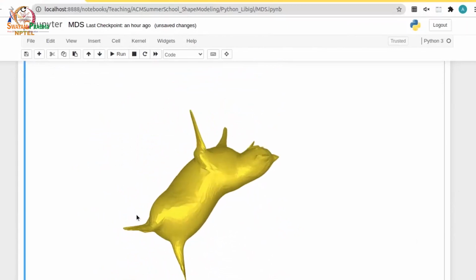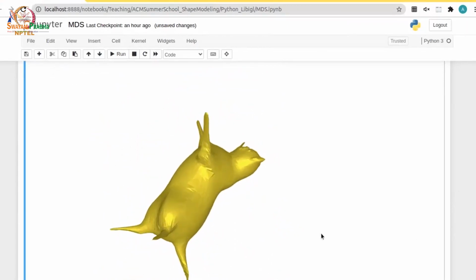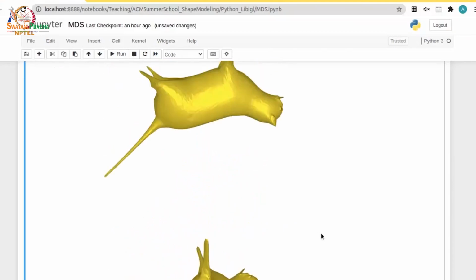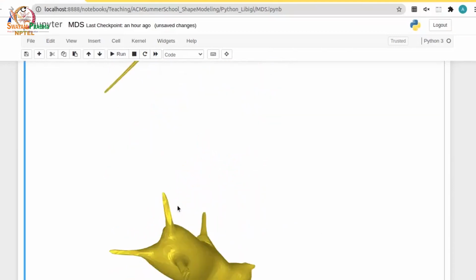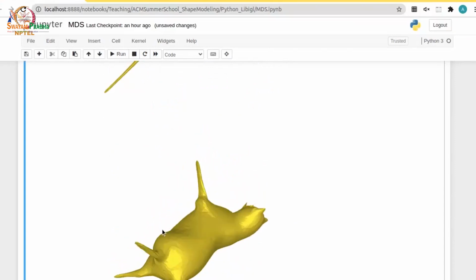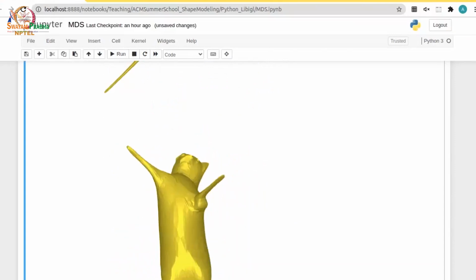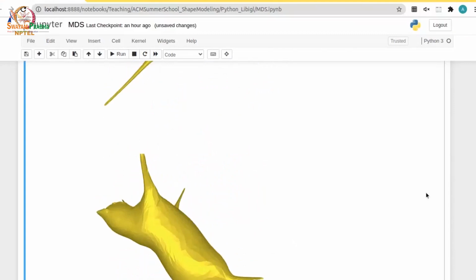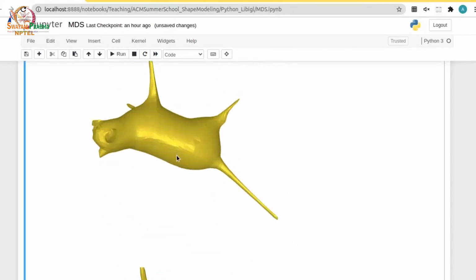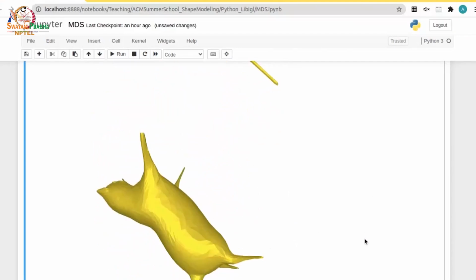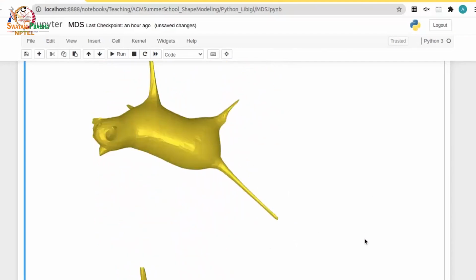And if somebody knows how to plot both these meshes on the same figure, then it would be worth looking at, in the sense that remember CAT4 was quite a deformed version. Now they are very similar, at least in a similar pose. Still, of course, some deformation.